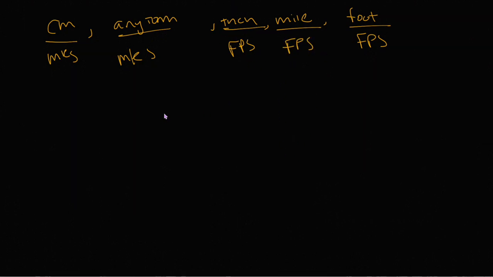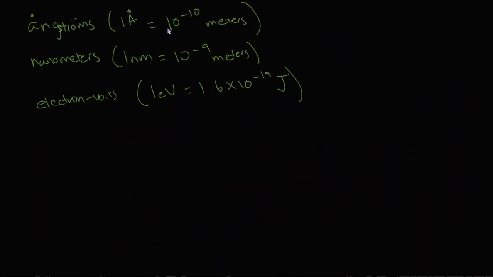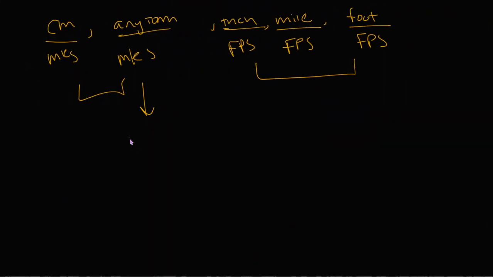If we want to create some kind of correlation between all these variables, we can start separating these two groups and comparing angstrom with centimeters, and inch, mile, and foot. 1 angstrom is 10 to the power of negative 10 meters, and centimeters will be 10 to the power of negative 2 meters. So we know that centimeter is going to be greater than the angstrom. Now let's look at the FPS system.